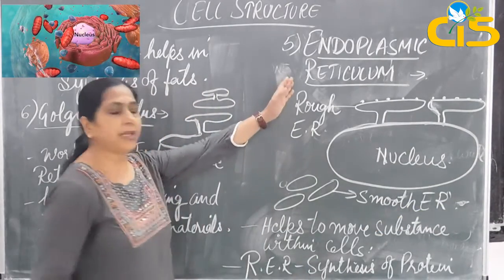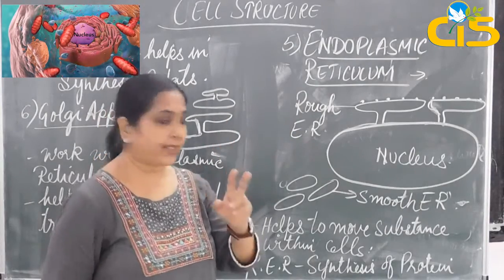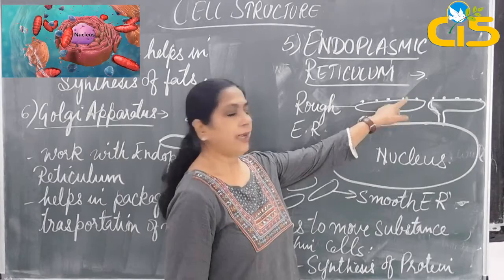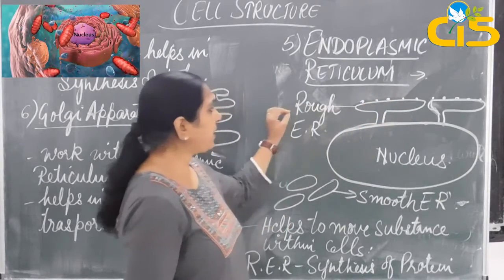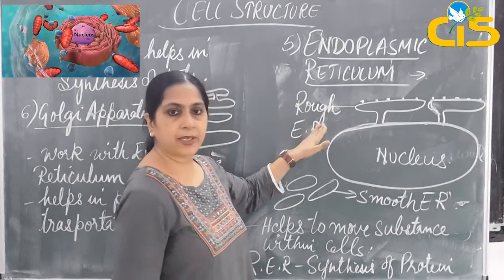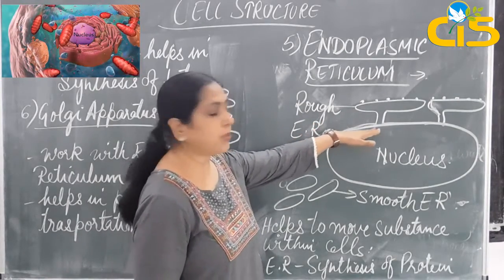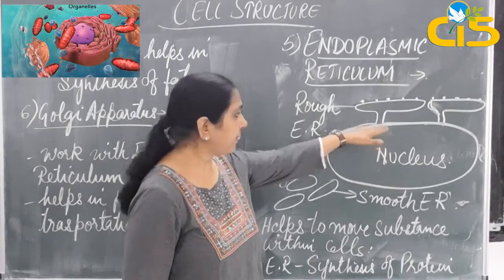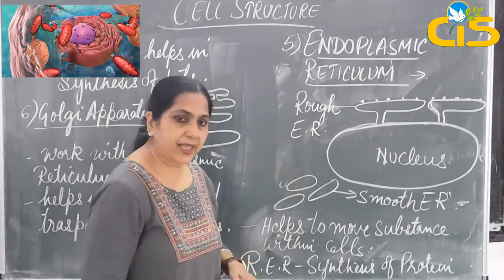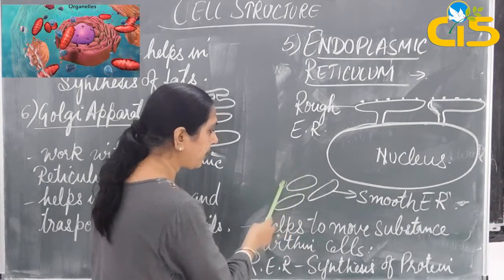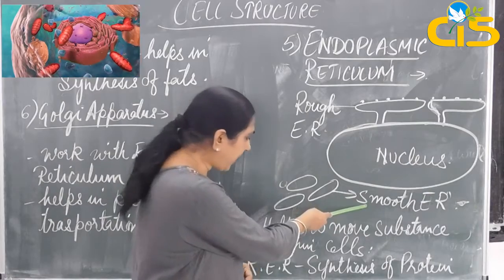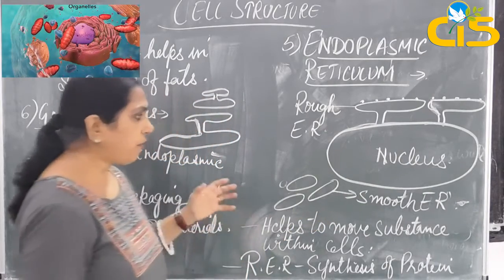These endoplasmic reticulums are closely attached to the nucleus. The rough one has the ribosomes, and the other category, without the ribosomes, is the smooth endoplasmic reticulum. Now what is their function?